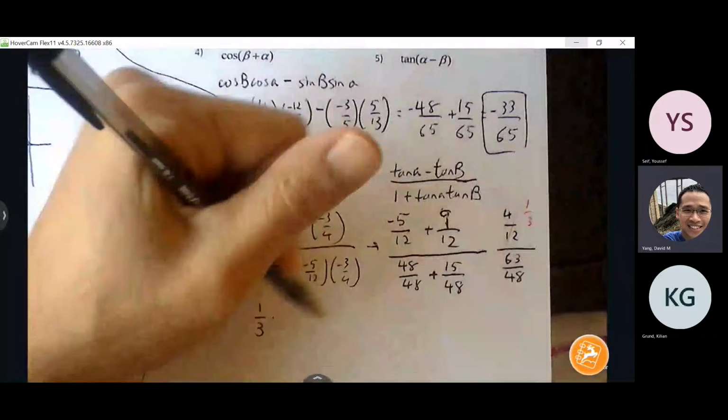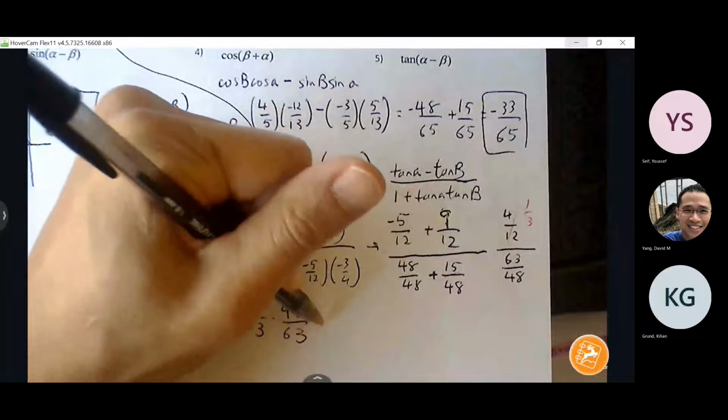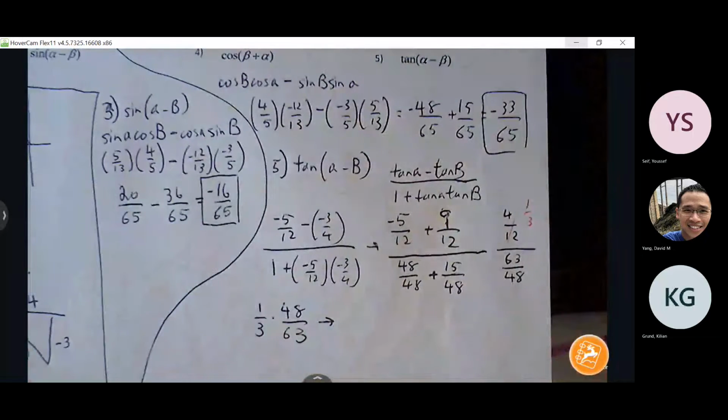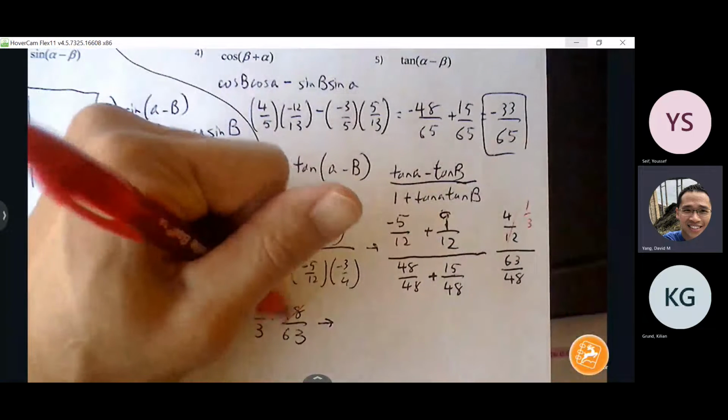Dividing by a fraction is the same thing as multiplying by the reciprocal. 48 and 3 can keep reducing here. 16.